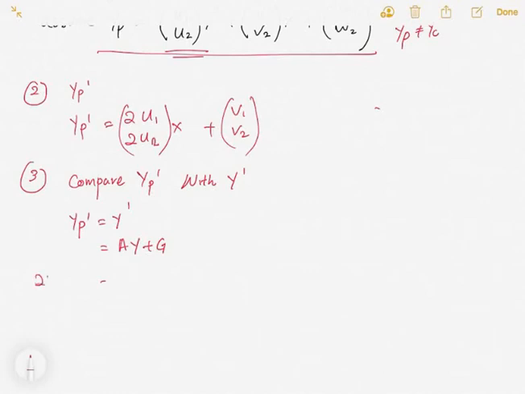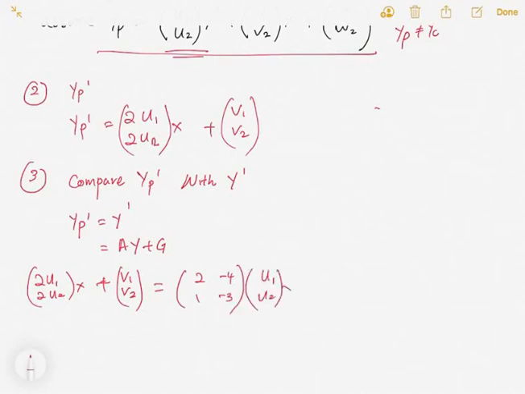YP prime is 2u1, 2u2 x plus v1, v2, equal to A, which is 2, negative 4, 1, negative 3, times u1, u2 x squared plus v1, v2 x plus w1, w2, plus g.